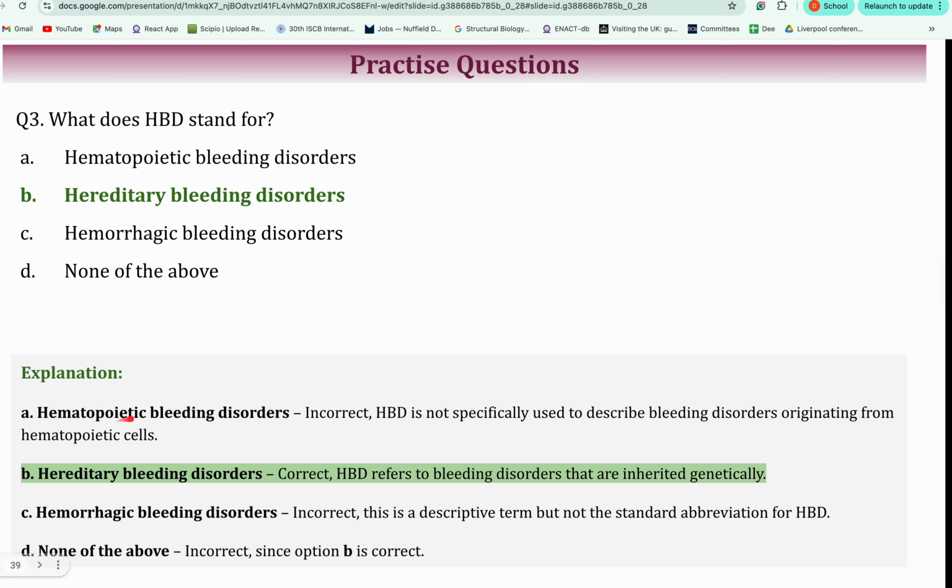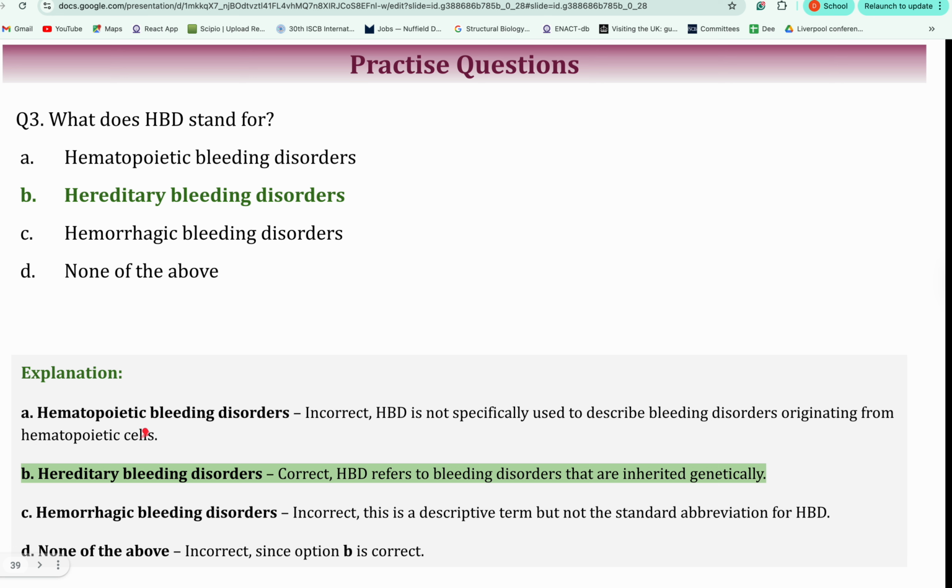So option A was hematopoietic bleeding disorders. I can see that these options are quite confusing because they appear to be similar. So let's look into them one by one. Hematopoietic bleeding disorders is incorrect, as HBD is not specifically used to describe bleeding disorders which originate from the hematopoietic cells.